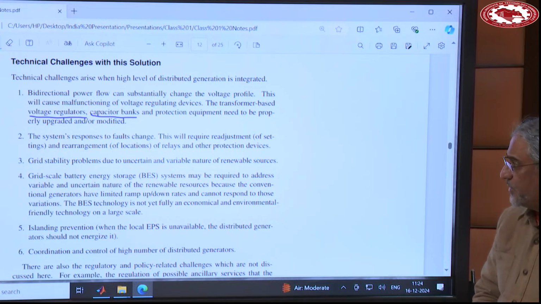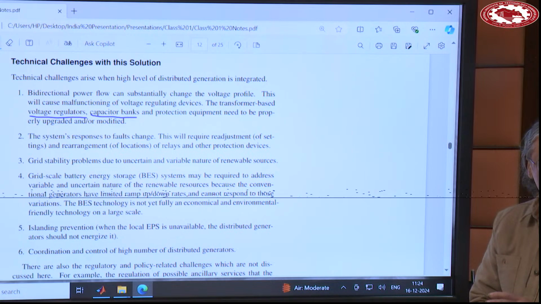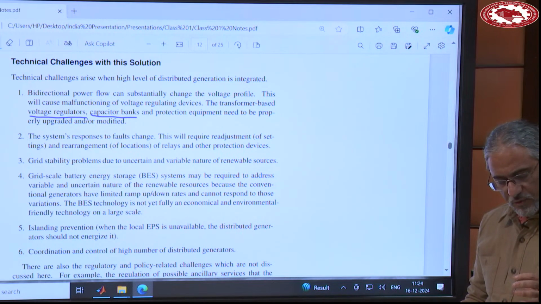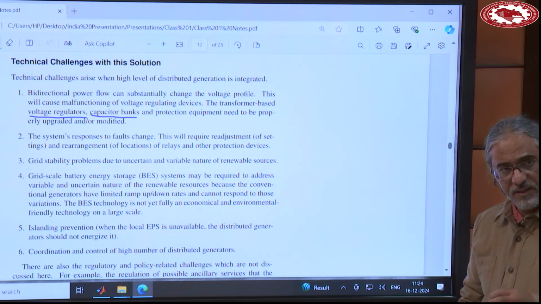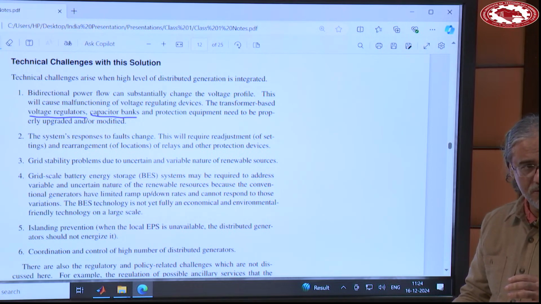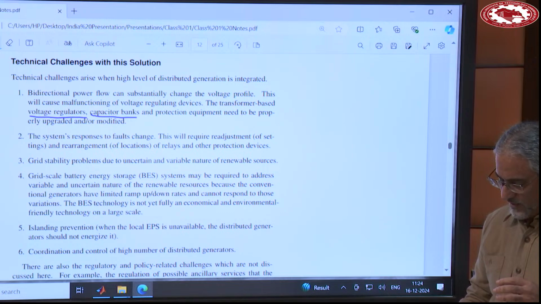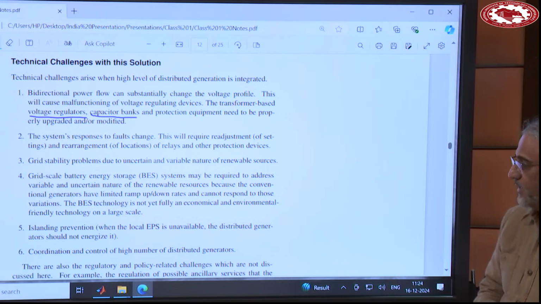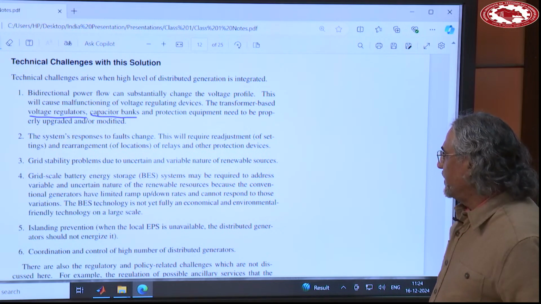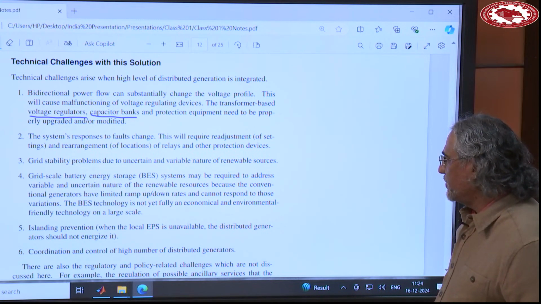A huge amount of current will flow, and the protection device detects it. Those devices are designed to detect this flow of current and take action. Now, if you have generators inside the distribution system, it will actually interfere with the operation of these devices, so relays and other protection devices.